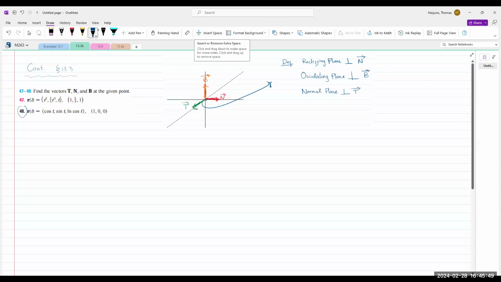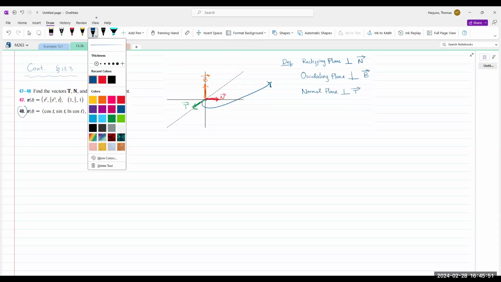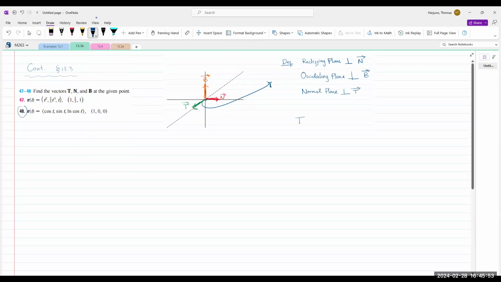Let's remind ourselves what the unit tangent vector is. The unit tangent vector is defined to be r prime t over the magnitude of r prime t.